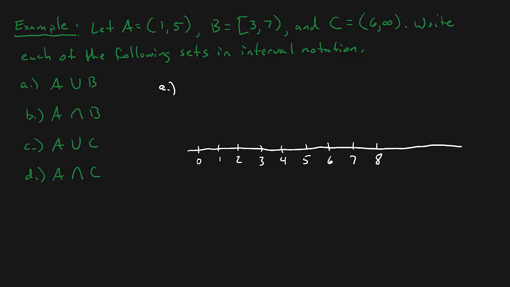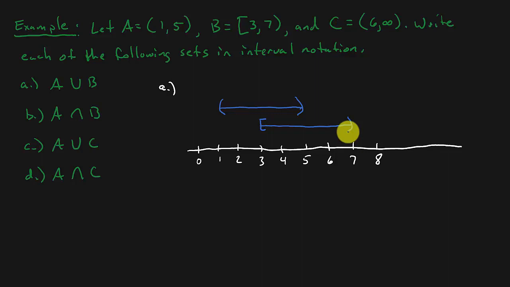All right, now what I would do here is graph the A. That's everything from 1 to 5. Okay, don't graph it on the line because that's not your final answer. All right, so the A and the B, graph it above the line. B is 3 to 7, so that's everything from 3 to 7.